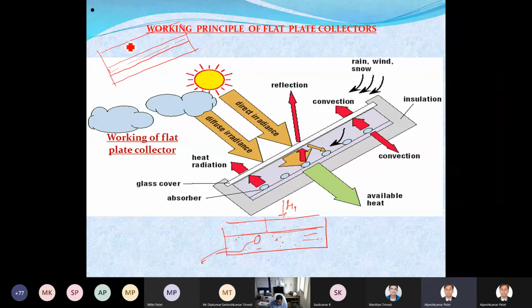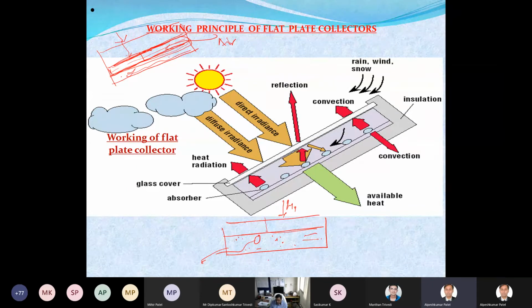This is the transparent cover, this is the absorbing plate, and below the absorbing plate there is a duct. Through this duct we allow the air to flow, so more area is provided to allow more air, so that the thermal energy can be transferred. There is insulation. The conclusion is that the heat transfer capability is small.